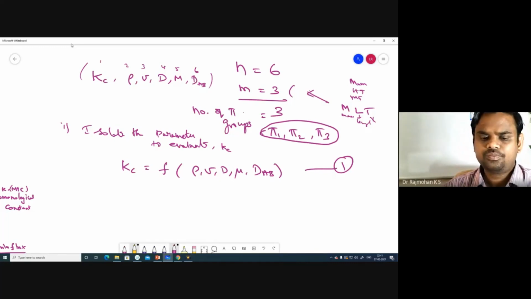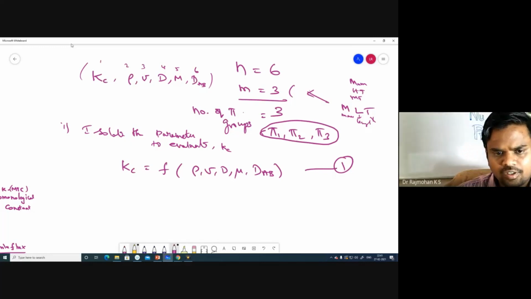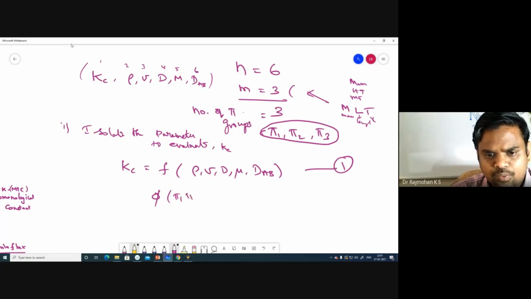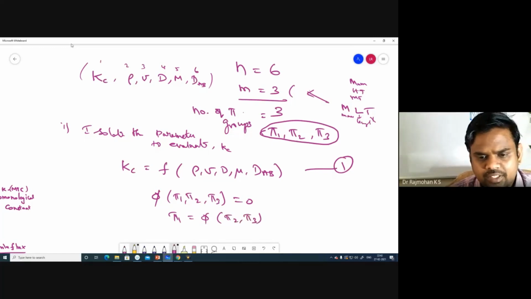To form 3 pi groups, we can write a function of pi 1, pi 2, pi 3 equal to 0, or you can express one of the pi groups as a function of the other 2 pi groups. These are the properties defined by the second Buckingham pi theorem.